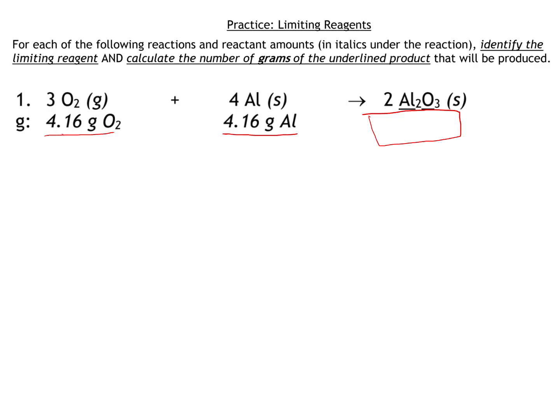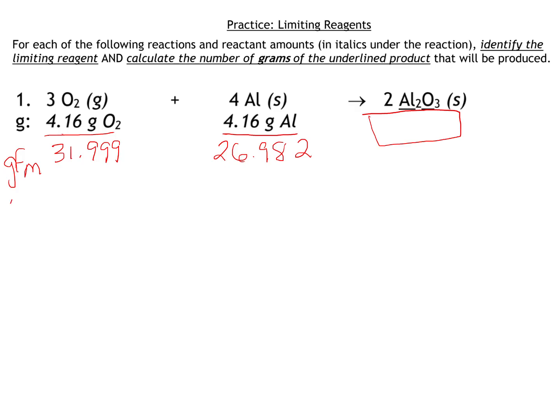All right, so the next line in the stoichiometry chart is your GFM. So the GFM of oxygen is 31.999. I don't know why I don't just write down 32. And aluminum is 26.982.